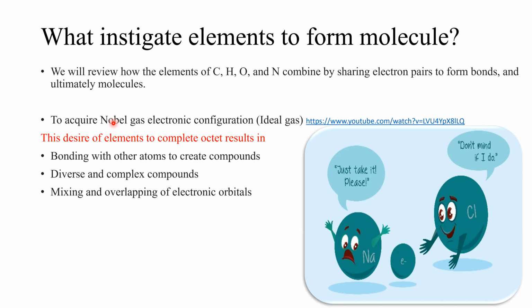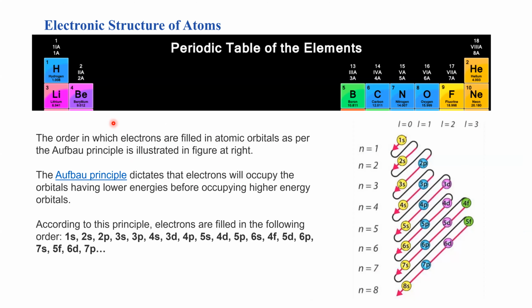And then there is a lot in chemistry which has helped us develop our own synthetic materials, right? If you look at the electronic structure of the atoms, in the periodic table elements are placed on the basis of their atomic number.